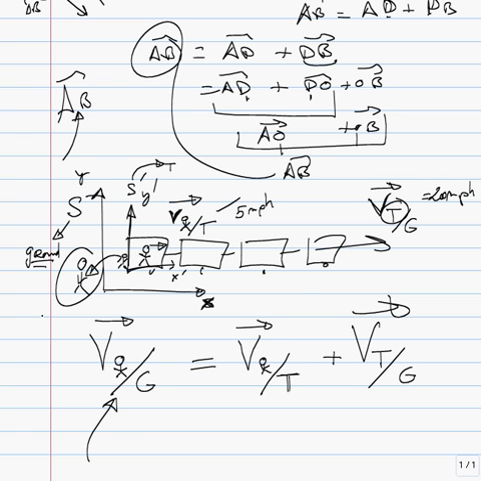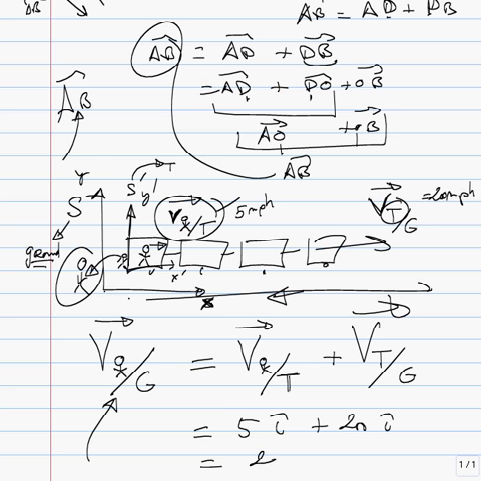If the man was moving in the opposite direction, then you would take 200 minus 5. Same thing. If we follow the math, we should end up with the exact same results. This is the velocity of the man with respect to the train, which is 5, if I use this as my positive x. Velocity of the train with respect to the ground, 200. Therefore, sure enough, I end up with 205.